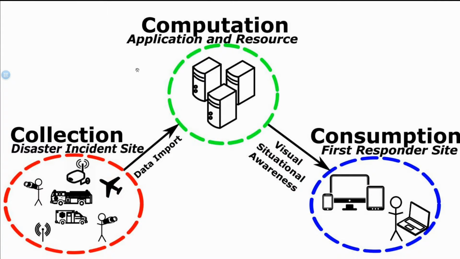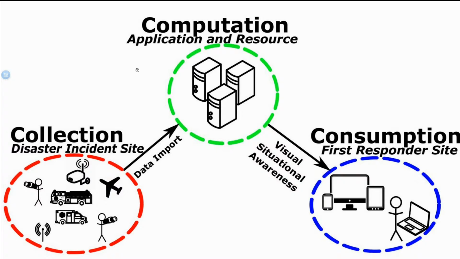In order to enable visual cloud computing, we first need to look at the collection, computation, and consumption ecosystem in the disaster incident case. Usually, what we have in a disaster is that the collection side is located remotely from our computation resources and from the consumption side.